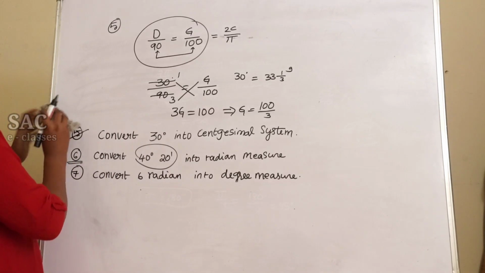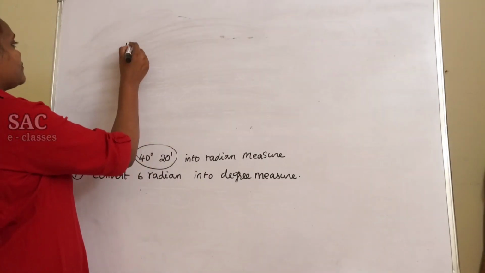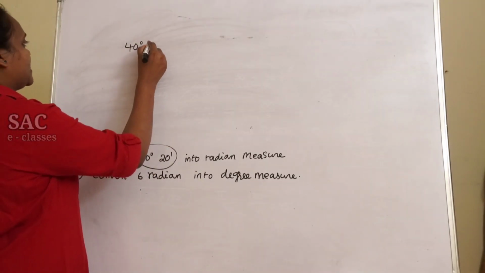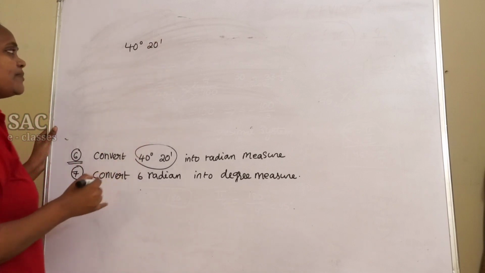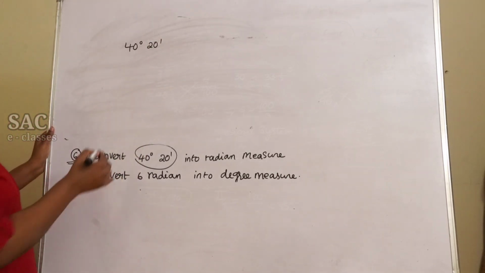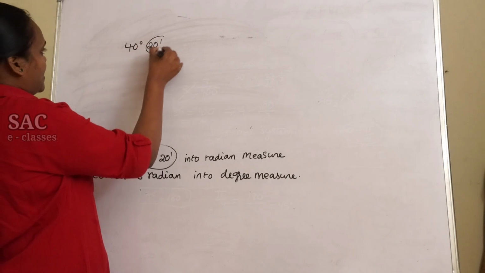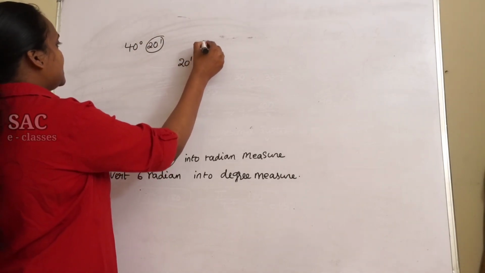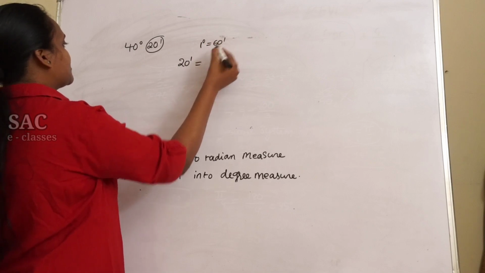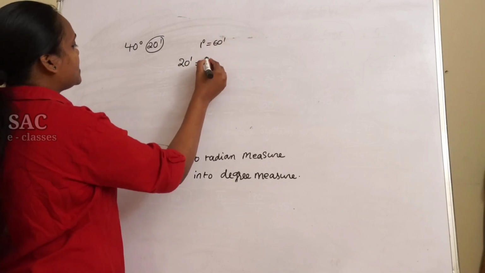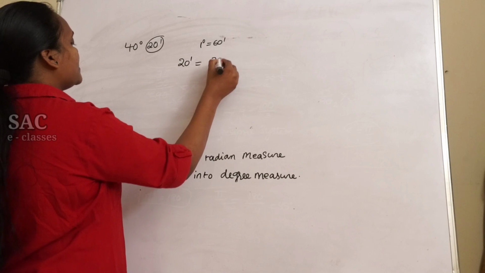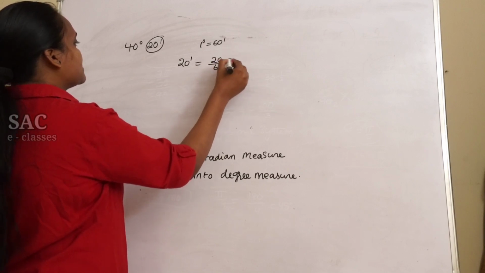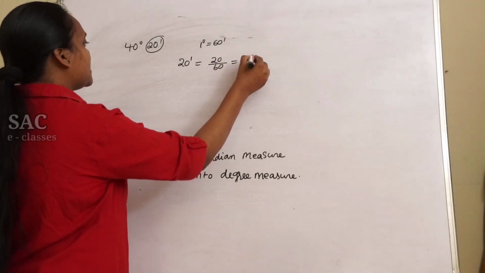So what we are going to do is, first of all, take 40 degrees 20 minutes. You all know 40 degrees, but 20 minutes means, you know that each degree is 60 minutes, so 20 minutes is 20 by 60 degrees, which is 1 by 3 degree.